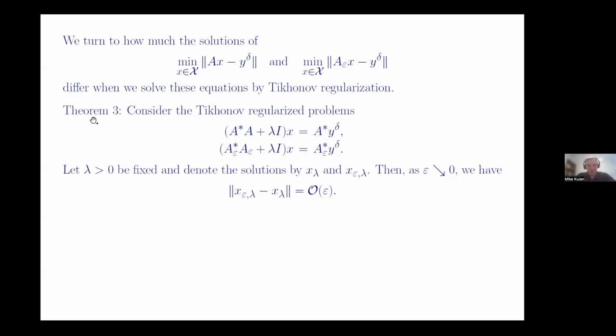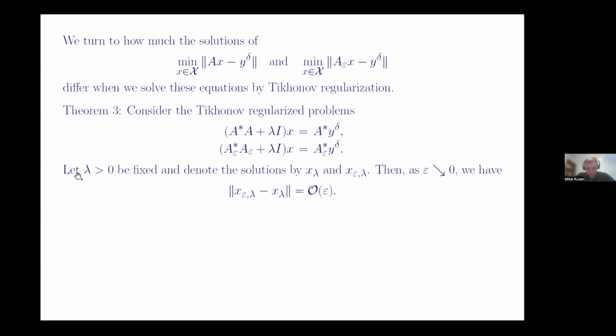By theorem number 3, if you consider Tikhonov regularization of the original operator problem, you see A, which might be infinitely dimensional, and our surrogate problem with the finitely dimensional operator, then it can be shown that the solution of the surrogate Tikhonov regularized problem converges to the original.